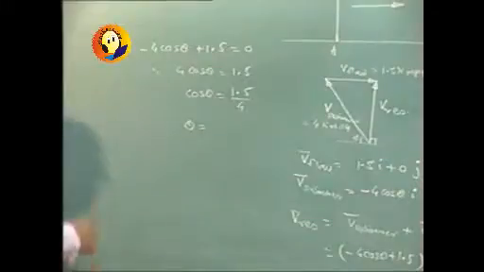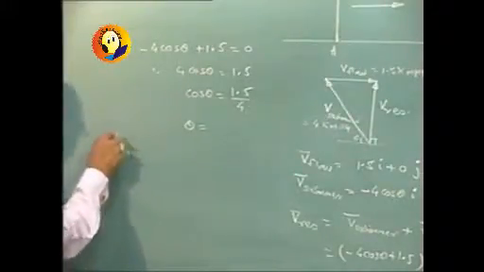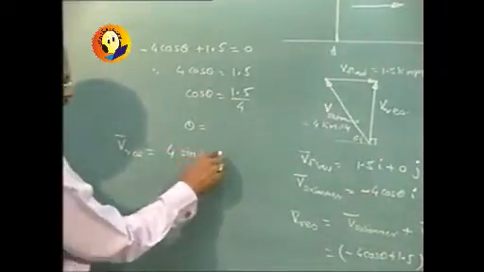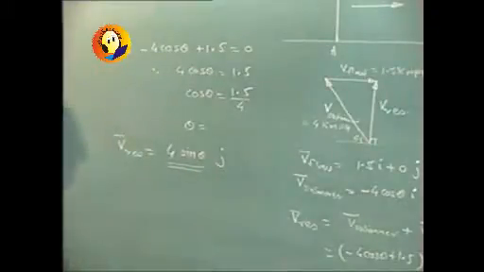Once we get this, we can find V resultant by substituting 4 sin theta j. This is the resultant velocity.